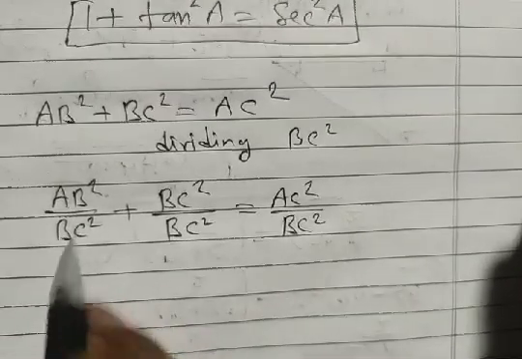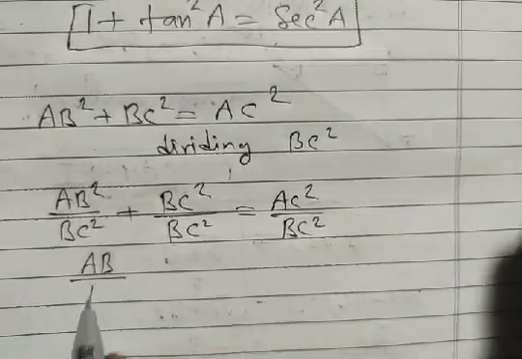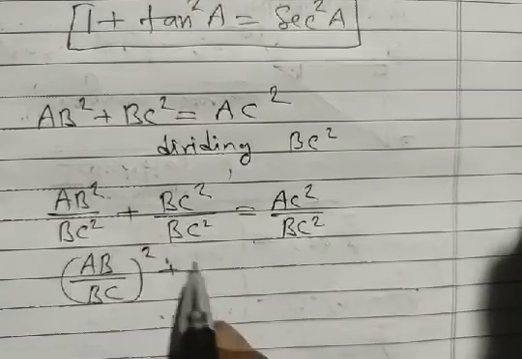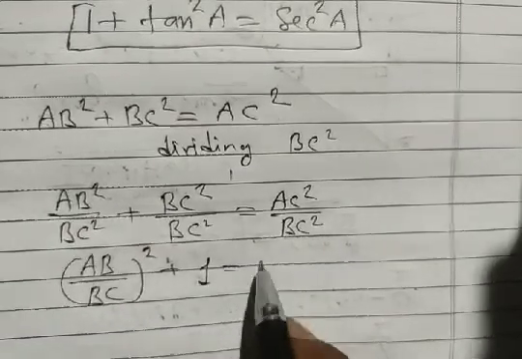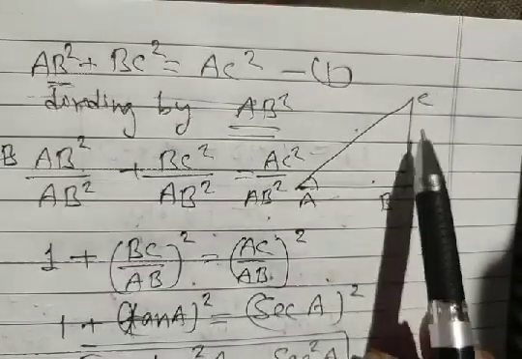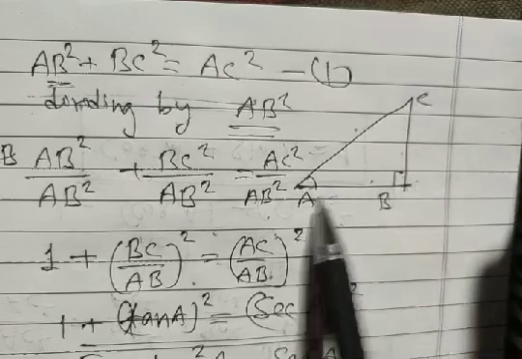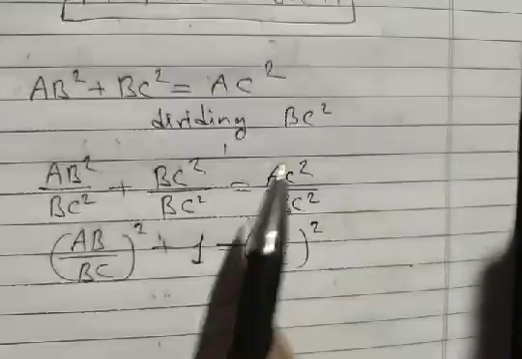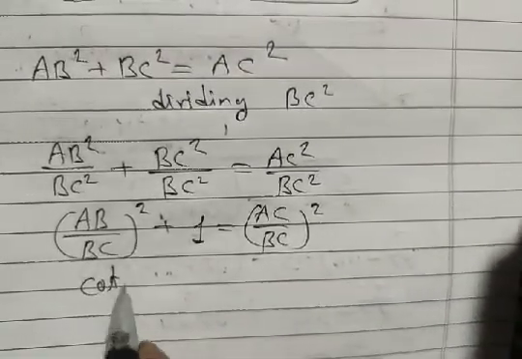It can be written as AB is to BC whole square, plus 1, equal to AC is to BC whole square. Now what about AB to BC? This is base, this is perpendicular. Base to perpendicular is cot A.